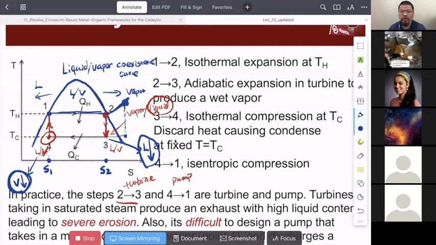But also we want to save energy, so we don't use too much energy to produce a superheated vapor, because along that path it will cost energy to keep increasing the entropy of the superheated vapor.